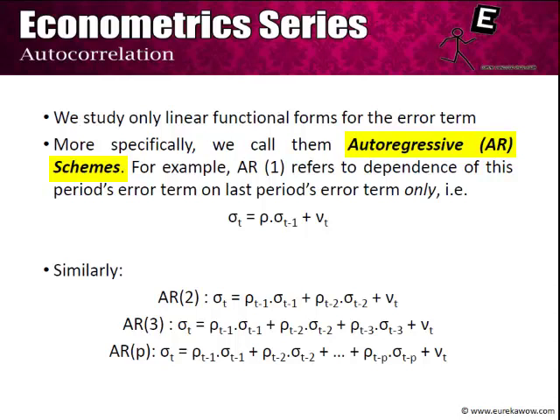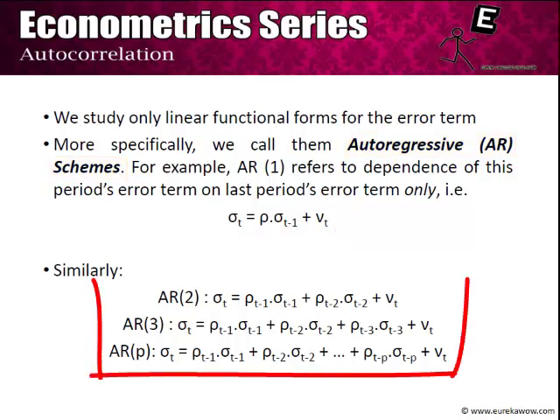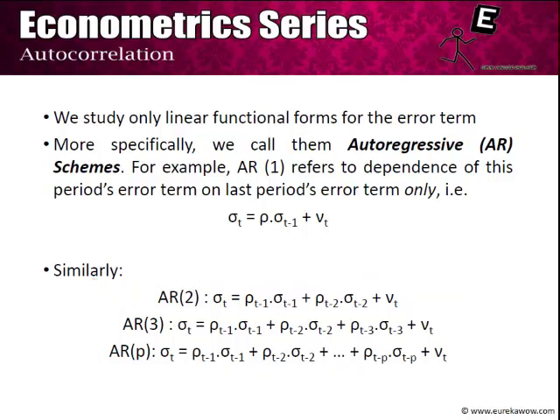For example, this equation wherein epsilon t is equal to rho epsilon t minus 1 plus nu t, wherein rho represents the effect of last period's error term on this period's error term, and nu t represents a totally random component. Similarly, we can talk about AR2, AR3 and ARP schemes, wherein ARP scheme refers to the fact wherein epsilon t is linearly dependent on p previous error terms, and in all of these we see the existence of a random component which is given by nu t.